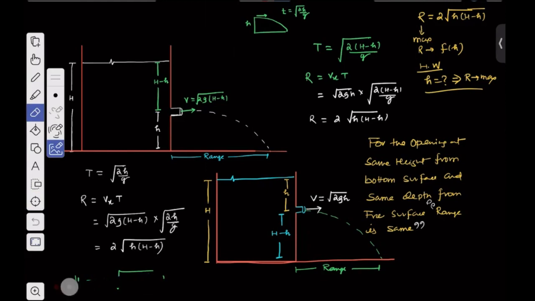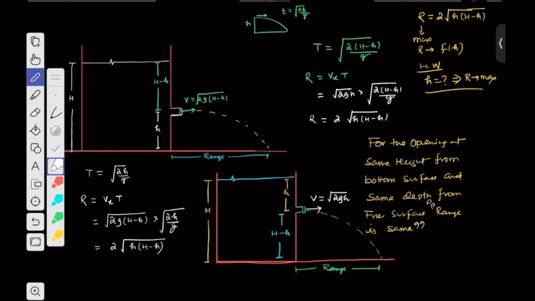So please try that thing and remember that result also. Okay, so two things. One thing I have told already, for the openings made at the same height and the same depth, the range will be same, and you determine on your own as a homework at what particular height or depth we must make that opening so as to have maximum range.